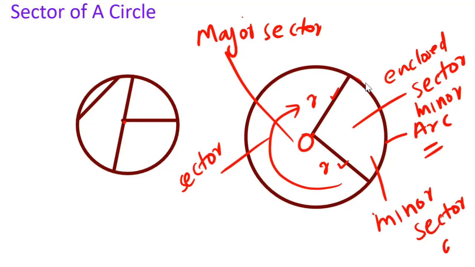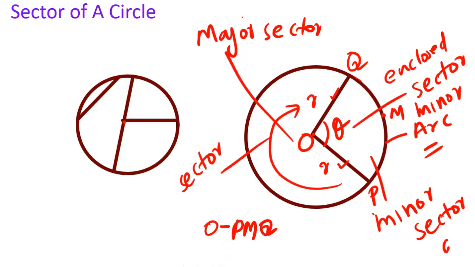Suppose that if I am writing over here P and Q and there is an angle theta here, so I can simply say that by putting a point over here like something like M, if I want to mention this small, a minor sector, I would say that in the figure PMQ represents a minor sector where O is the center.